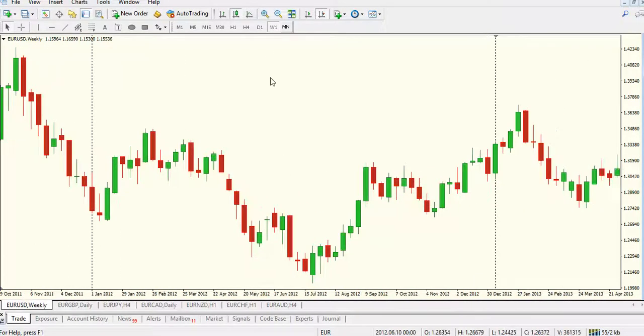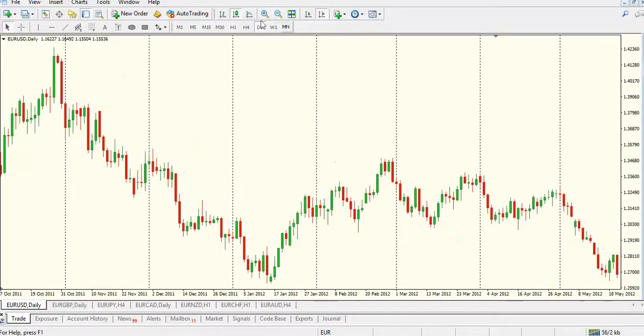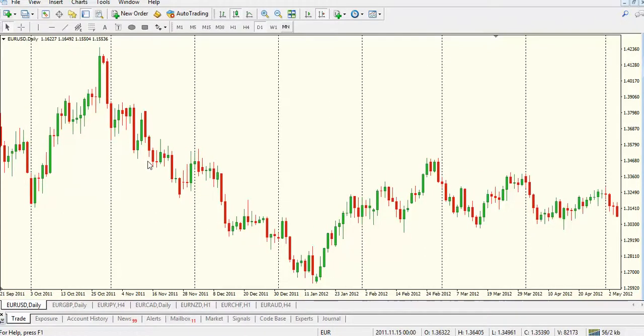Okay, so let's go to the daily chart. You see, let me see. This is the fractal high. This is one candle, this is the middle one and the right one. Then you see that the prices dropped all the way from here down. This is another fractal low with this red candle being the lowest.